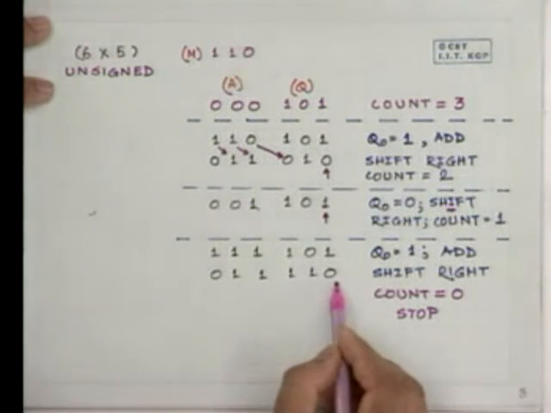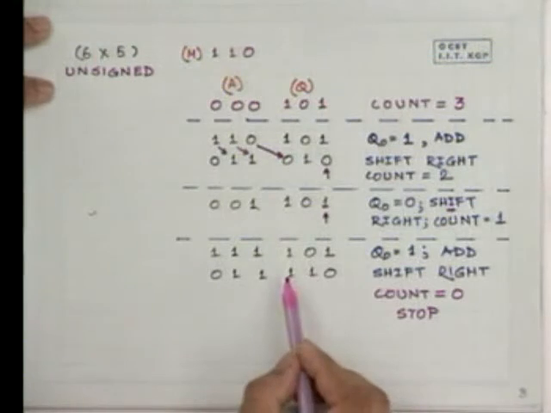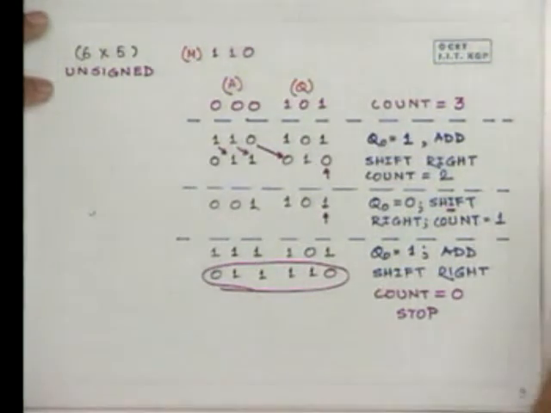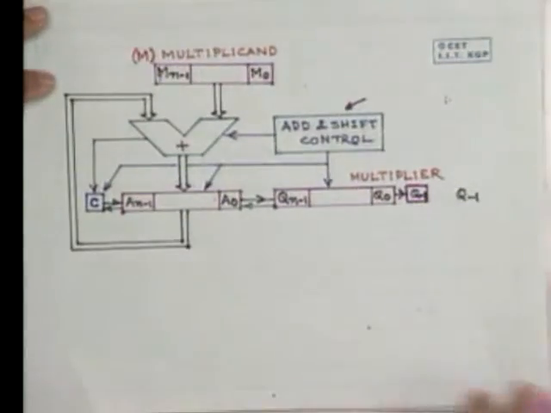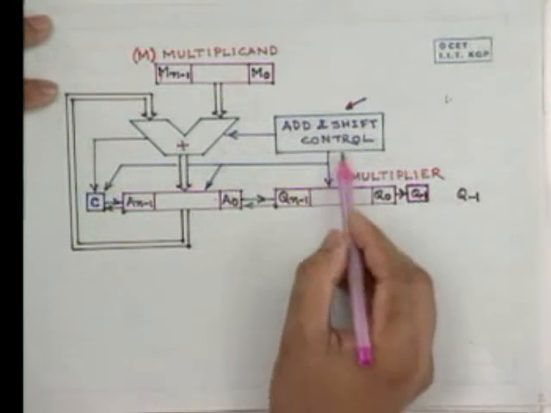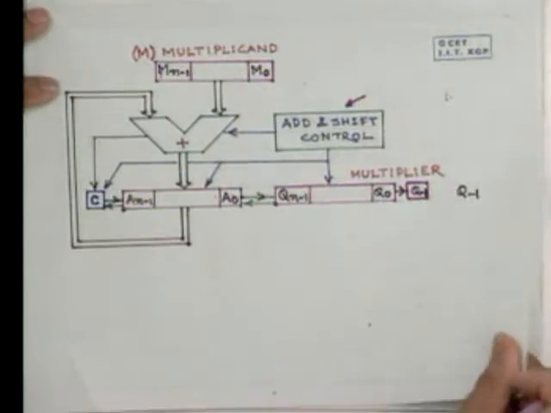And this is the result. You can see that we have got 30 as the result. You see that the simple operations can be done by means of this circuit, as has been explained. The add and shift control is done by this control circuitry.